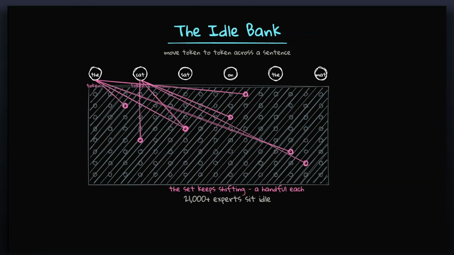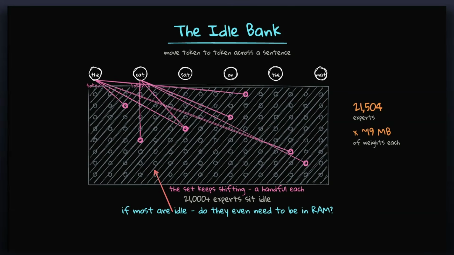As you can see, most of the network is going to remain idle for the tokens that are coming in. Each expert is about 9 megabytes of weights, which raises the obvious question: if most of them are idle, do they even need to be in the working memory or RAM?